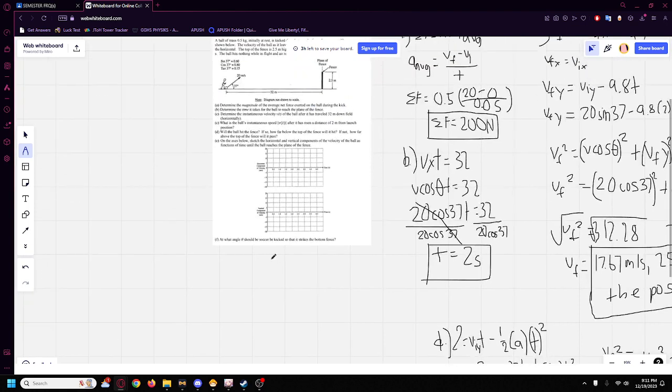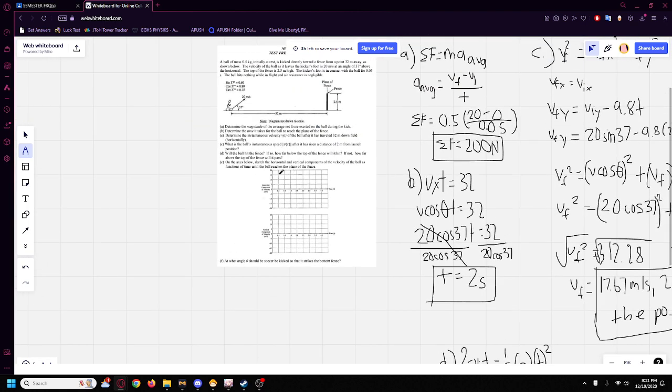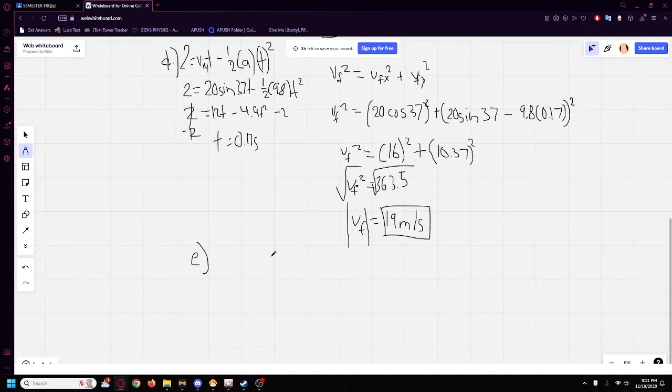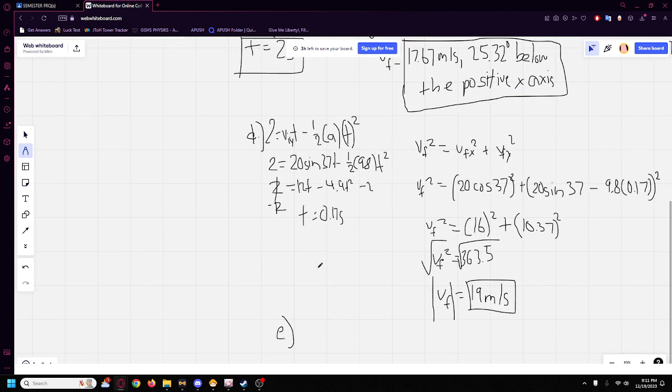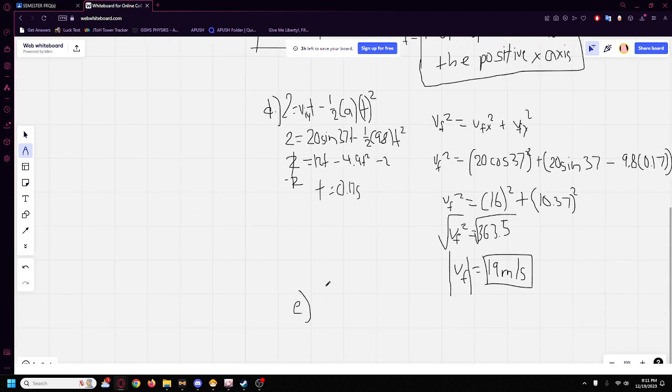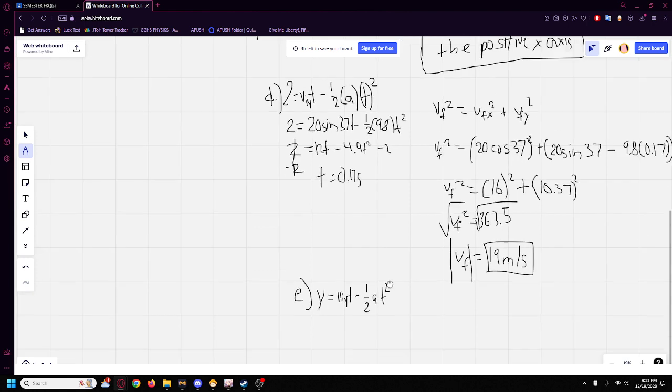We know the time it takes for the ball to reach the fence or go past it is 2 seconds. And we know that the y formula is y is equal to v I y t minus 1/2 a t squared.